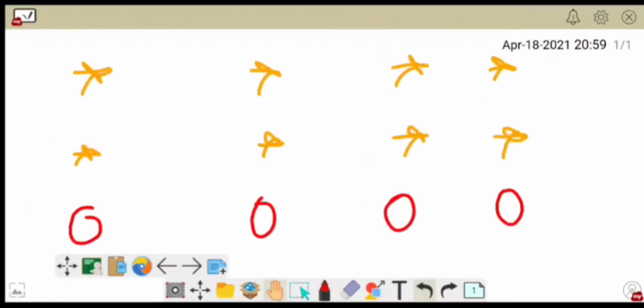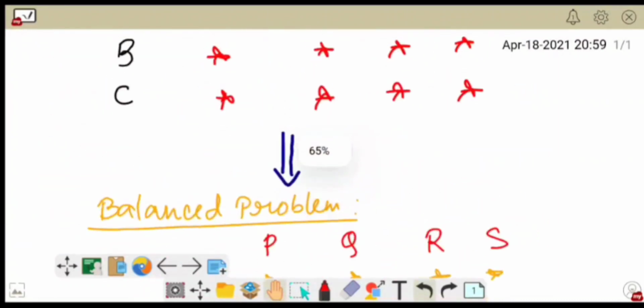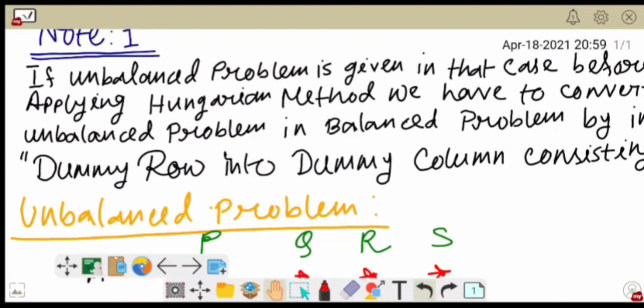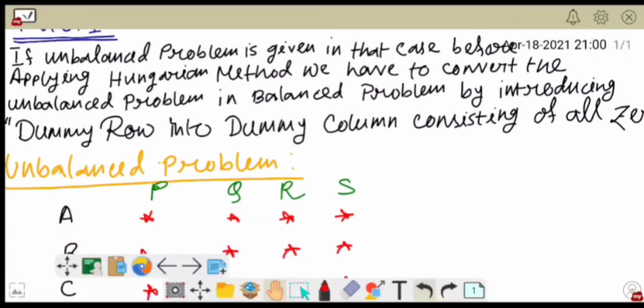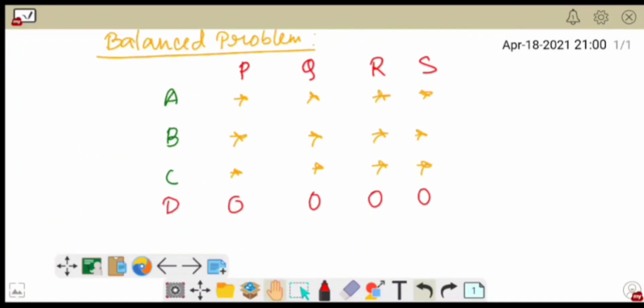This is what the note says: if an unbalanced problem is given, before applying the Hungarian method we have to convert it into a balanced problem by introducing a dummy row or dummy column. When there are four rows with 3 columns, we introduce one dummy column.